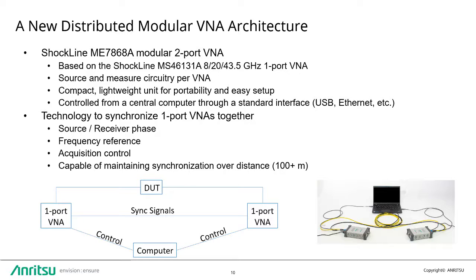The MS46131A has both source and measure circuitry built into the same unit, making it essentially a completely independent VNA port. It is compact and lightweight, making it easy to move and directly connect to the DUT or measurement antennas, eliminating much of the insertion loss due to long cables in these S-parameter measurements over long distances.